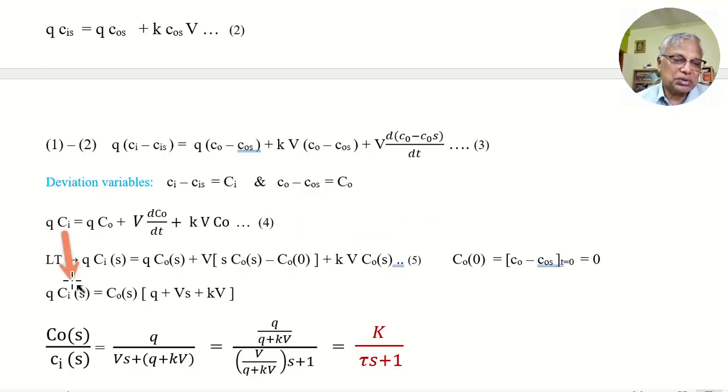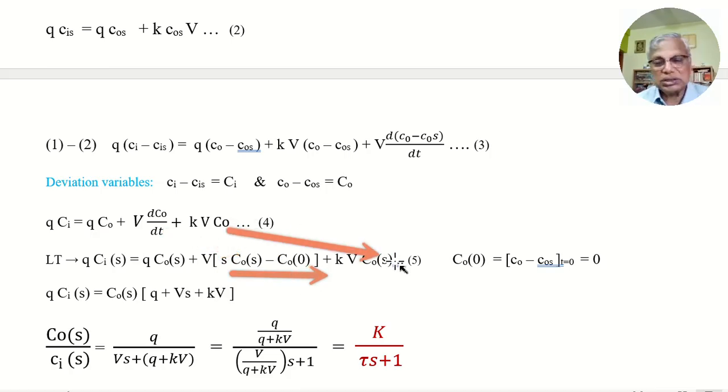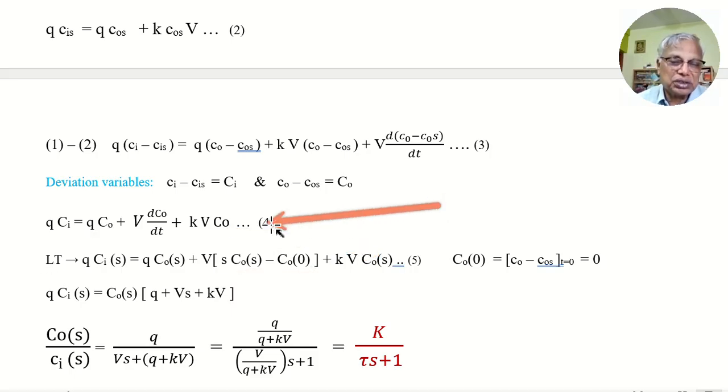So Laplace transform of Ci is Ci of S. Similarly, Laplace transform of C naught is C naught of S. This is the first derivative; its transform is S into C naught of S plus C naught at 0, and this is Kv into C naught of S. So this is after taking Laplace transform of this differential equation.